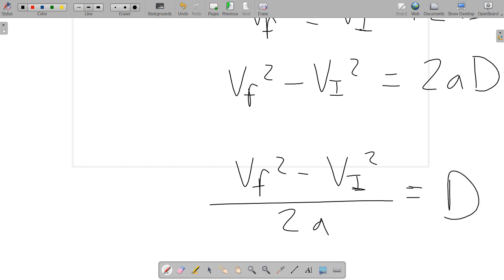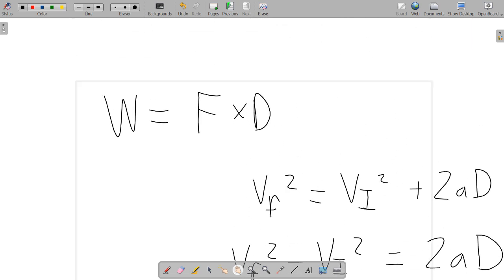So the purpose of solving for displacement is because now that I know what displacement is equal to, I can then take that displacement and eventually plug this in here. So that's eventually what we're going to do.